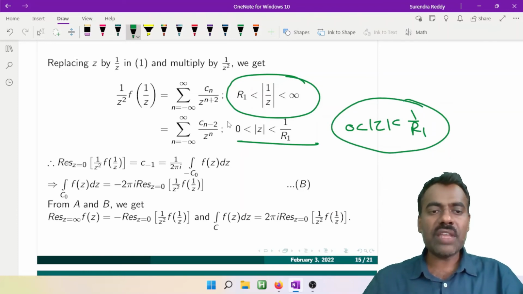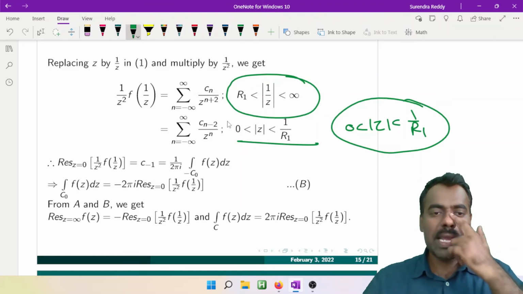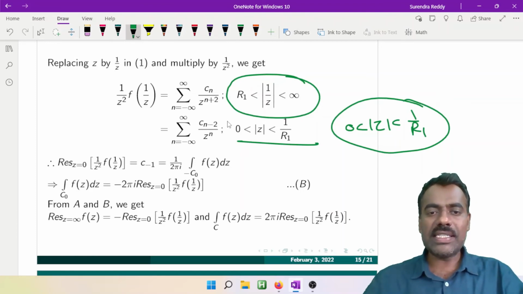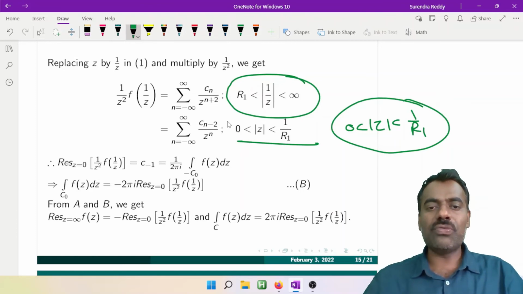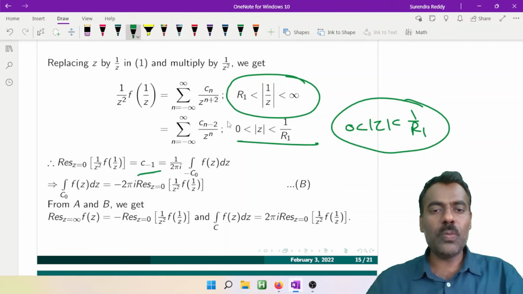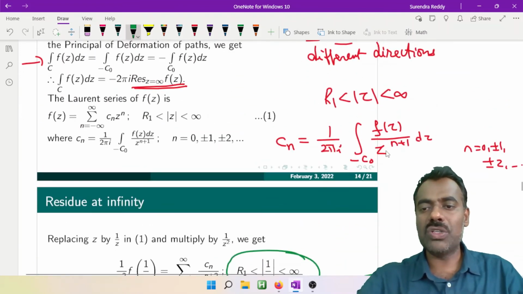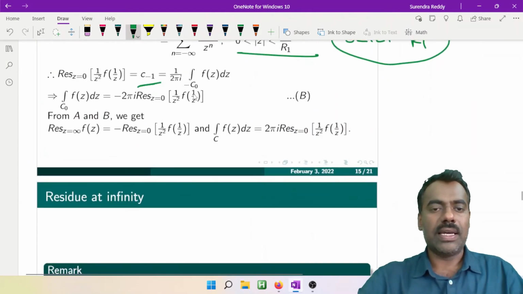Therefore, the residue of this function at z equal to 0 is the coefficient of 1 by z, which is c, when you substitute n equal to 1 here, c minus 1. So c minus 1, right? That is the same as 1 by 2 pi i times the integration of f of z dz, minus c naught. That means when you substitute n equal to minus 1, this z power 0, which is 1, right? Fine.